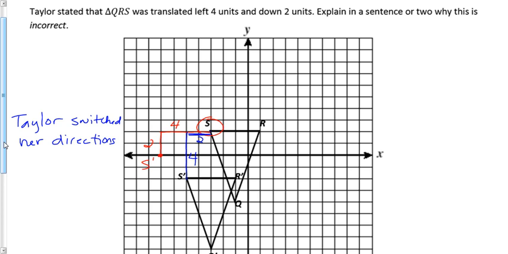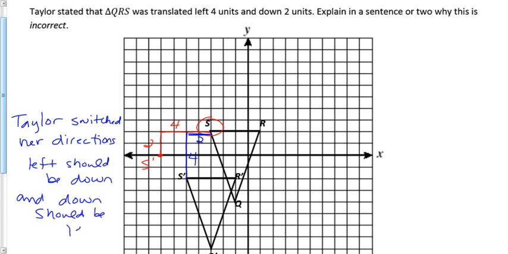Her left should be down, and her down should be left. And go ahead, again, if you need to pause the video to write that down, go ahead and pause the video. We are moving on to rotations.